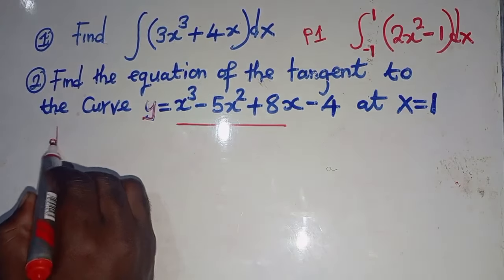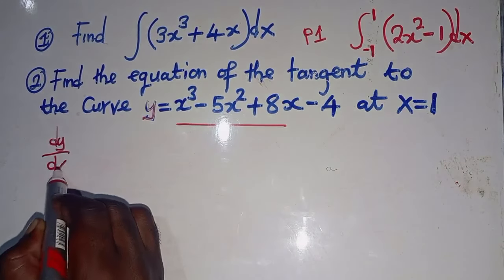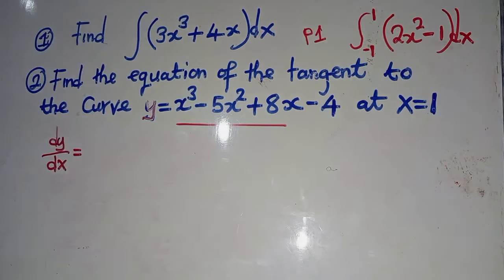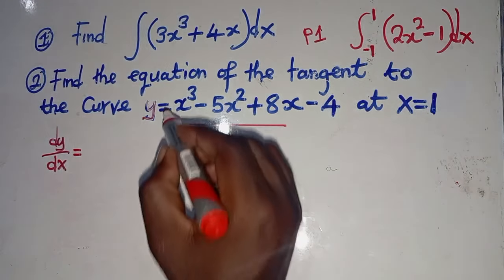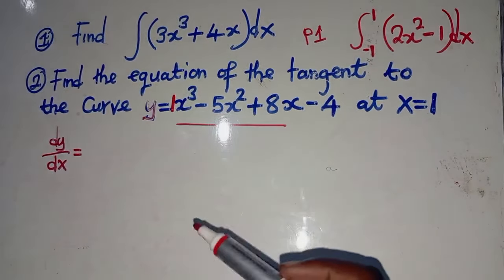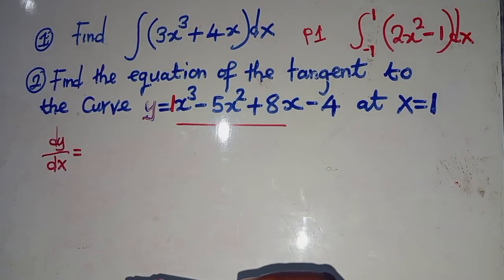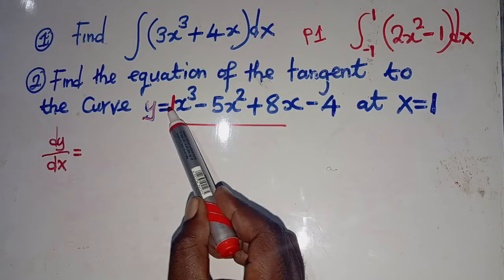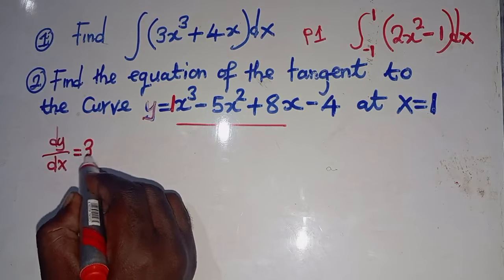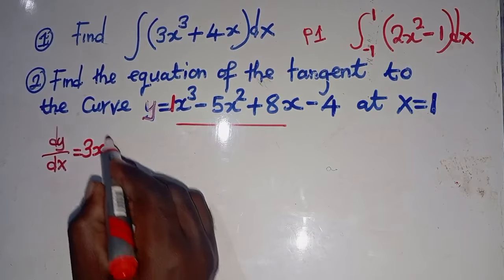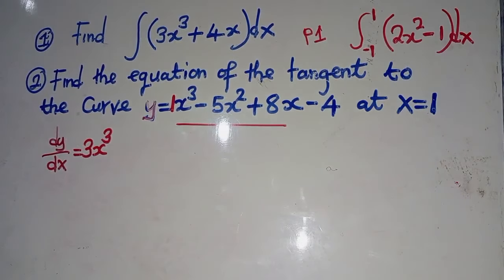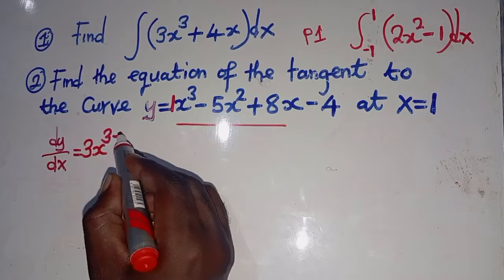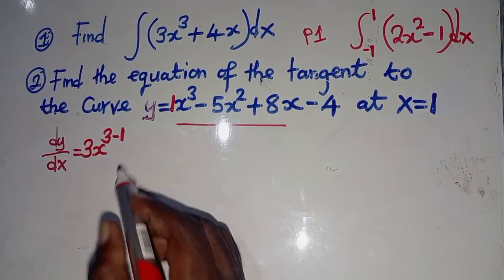So what do we say? dy dx, which is equal to, under differentiation, we multiply power times a coefficient. A coefficient is a number standing with a letter. So 3 times 1 is 3, then x will be maintained. The power that is given, you subtract 1, you say minus 1.